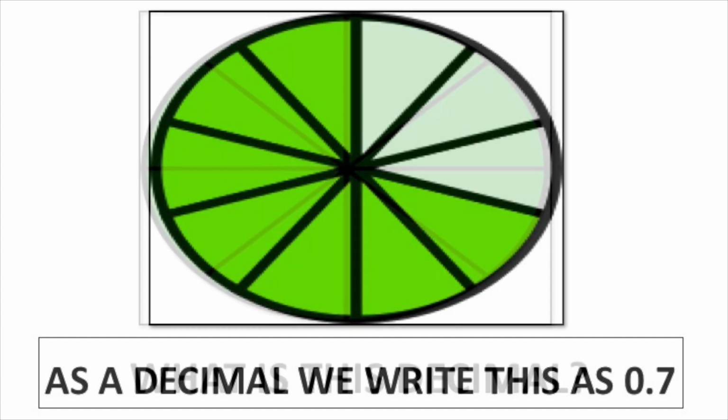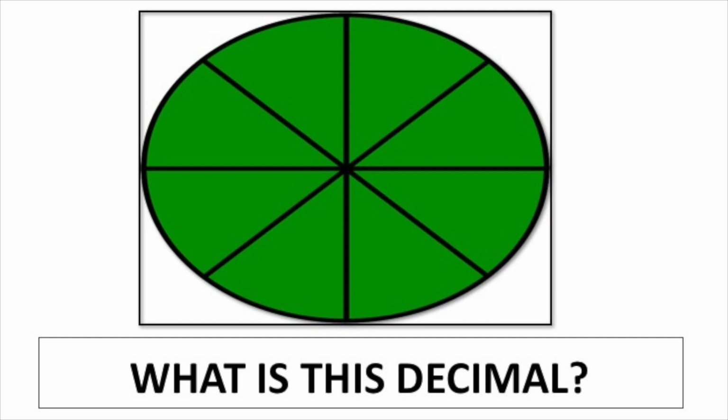So, one more question. What is this decimal? Now notice the circle is full. 1.0. Excellent. You see, now the circle is full. So now we don't say 0.2, 0.5, 0.8. This number comes before 1.0 because it's a whole.